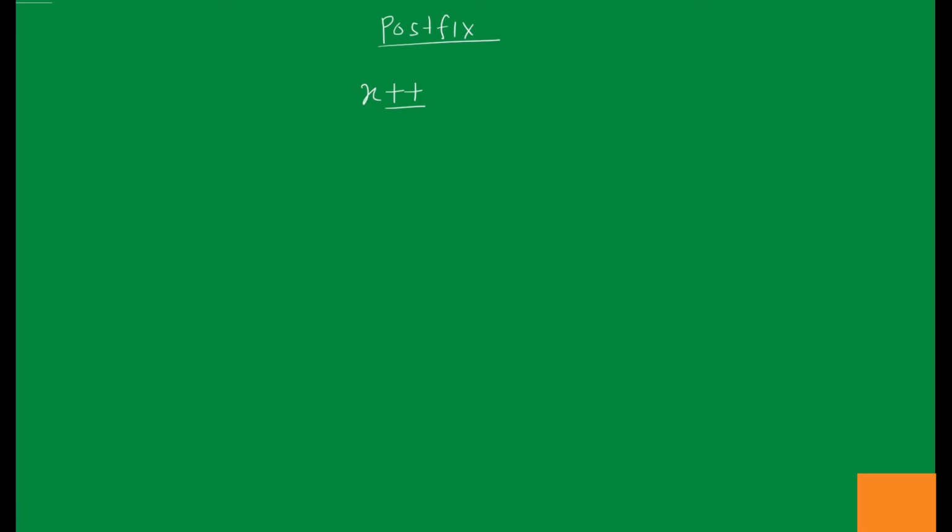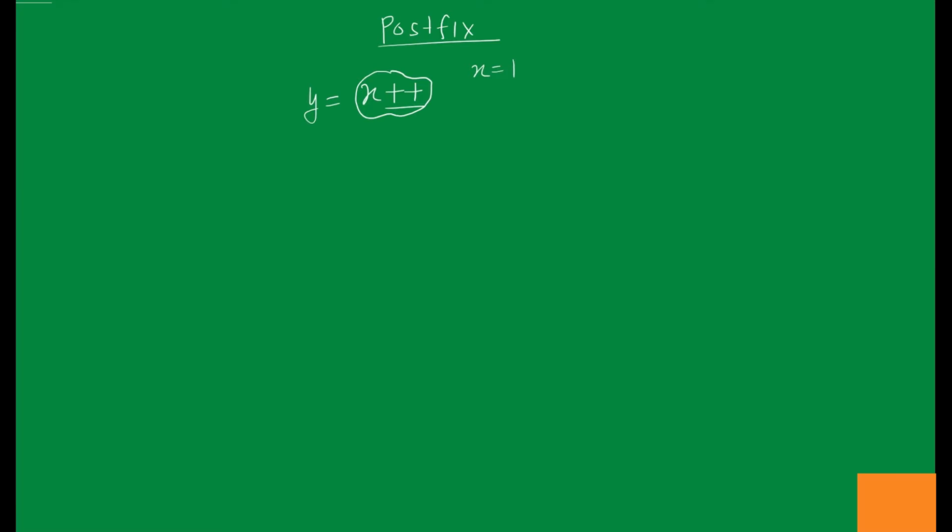So how will the evaluation of this variable work after placing this postfix operator? Let us suppose that the value of x is 1 and we have to evaluate y = x++. The meaning of x++ is that you first assign the value of x and then increment after assigning.